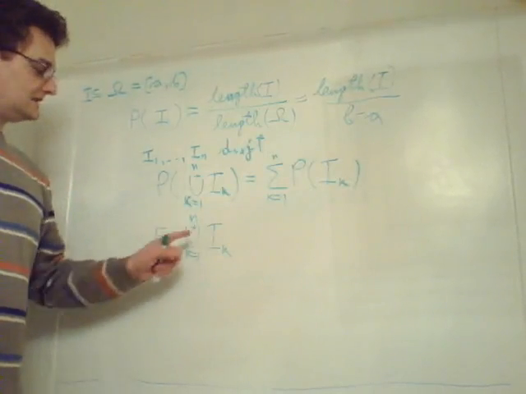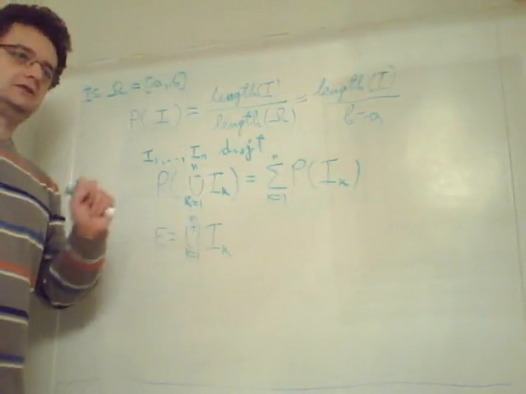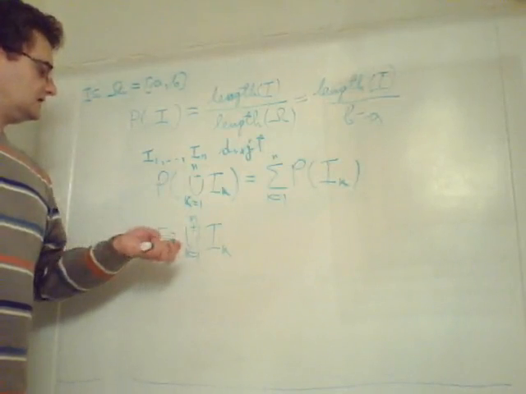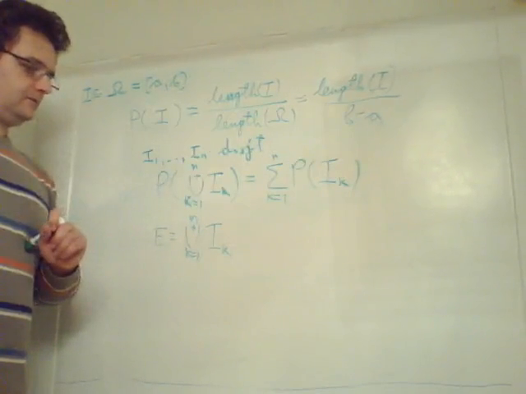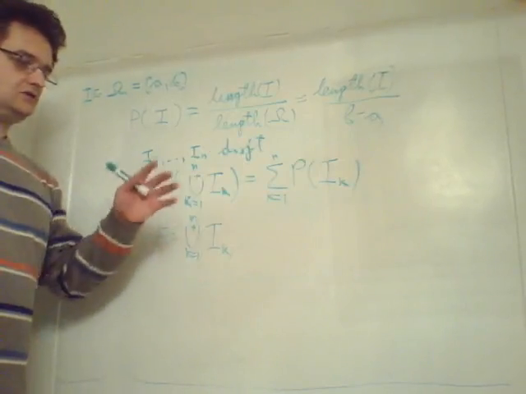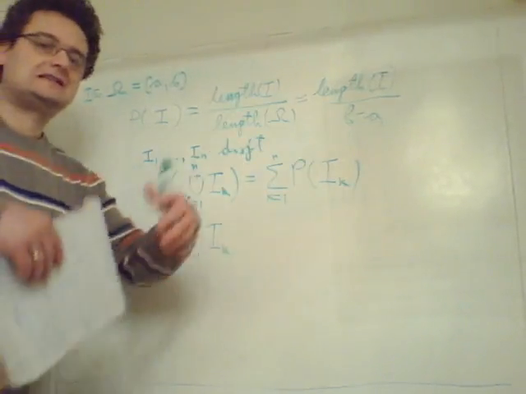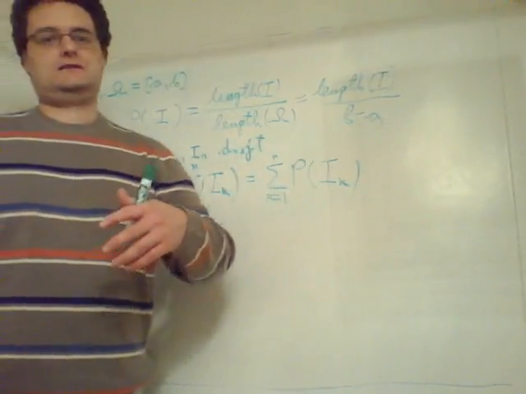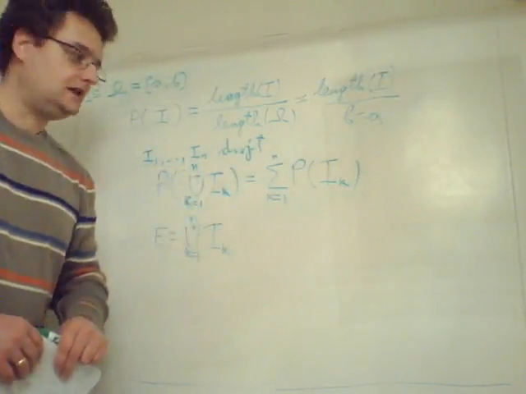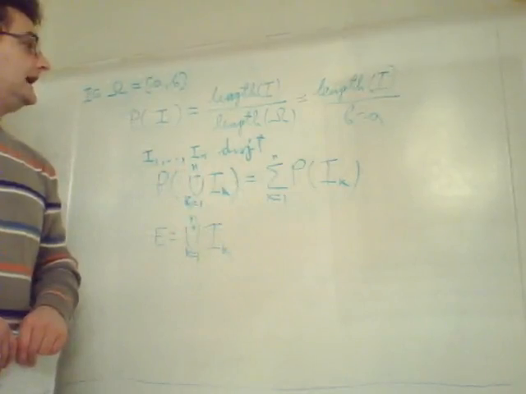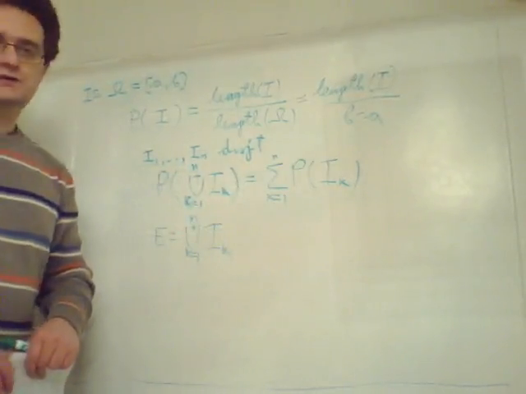So elementary sets are finite disjoint unions of intervals. So if you have this collection of elementary sets, can you extend it to some sigma field? Of course, the answer is yes. And how can we do that?